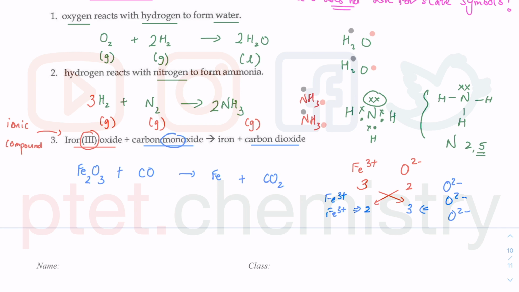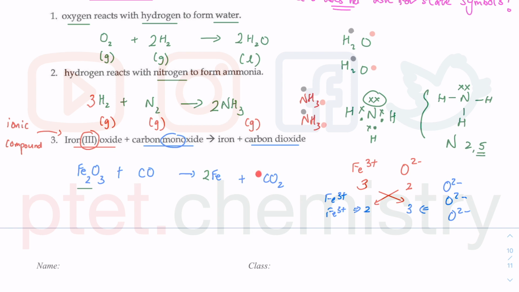Let me try by putting 2 there because there is 1 times 2 iron, so I want 2 iron. Now I have 3 oxygen, so what can happen here? If I try with the lowest number first, at the moment it's 1, so 1 carbon gives me 1 carbon.